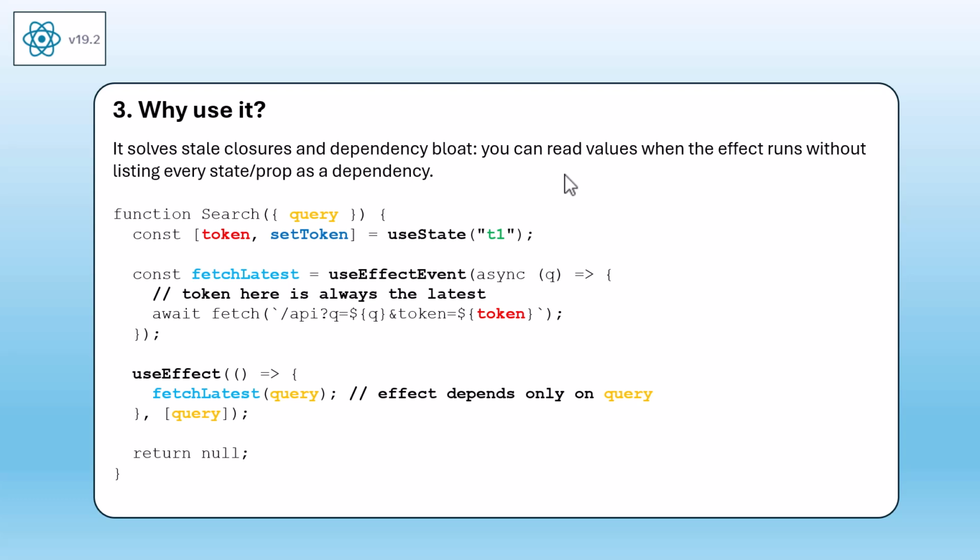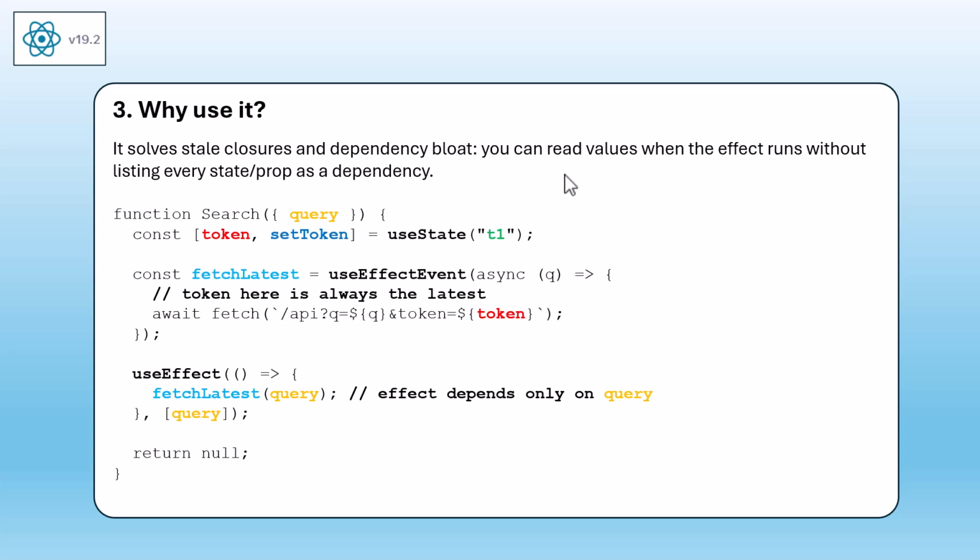3. Why use it? There are two primary concerns it addresses. First, stale closures. Ordinarily, when you create a callback in a component and capture some props or state, by the time the callback runs, it might hold on to outdated values. Using an effect event gives you access to the most recent values.